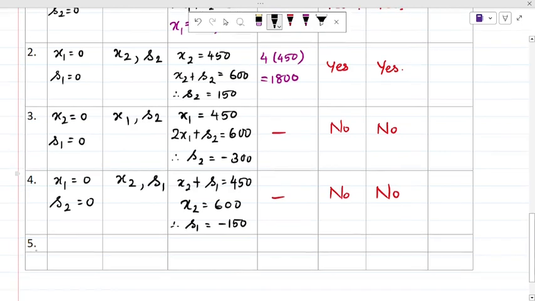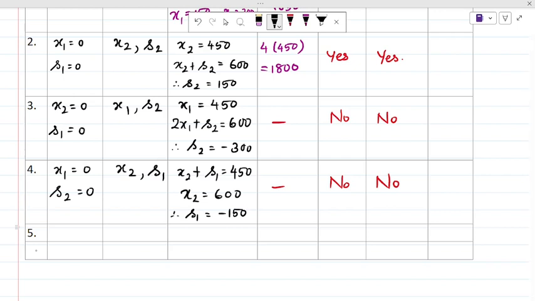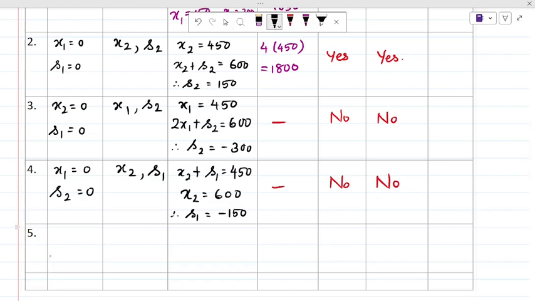Now the next case we take x2 over here. x2 is equal to 0 and s2 is equal to 0. Now when x2 is 0, s2 is 0, we have x1 and s1. So in that case the first equation is going to become x1 plus s1 is equal to 450, and in the second case 2x1 is going to be equal to 600.